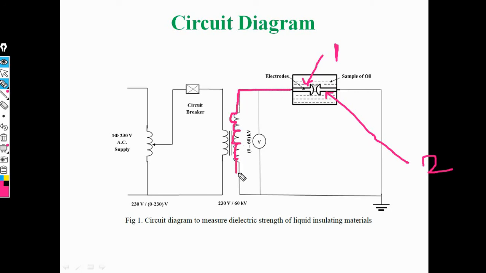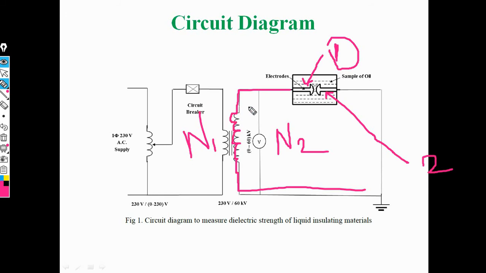This is the primary winding of the step up transformer and this is the secondary winding. The first electrode is connected to the secondary winding of the step up transformer, and electrode 2 is connected to the ground.